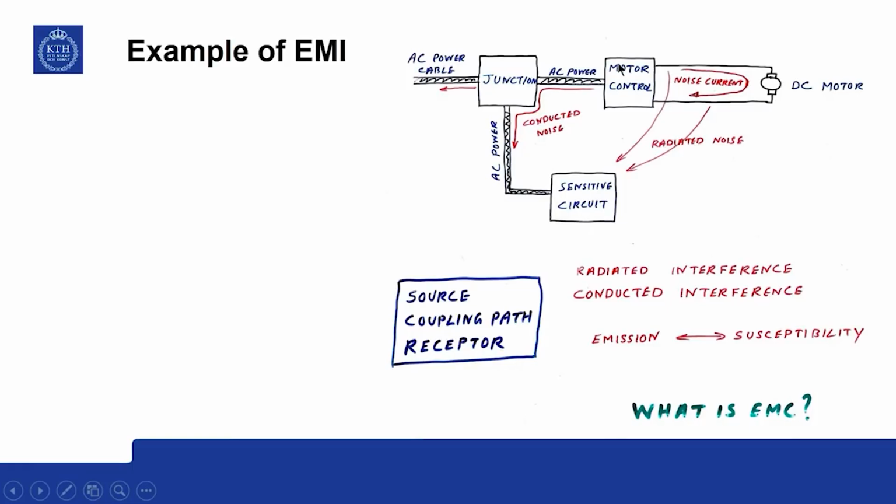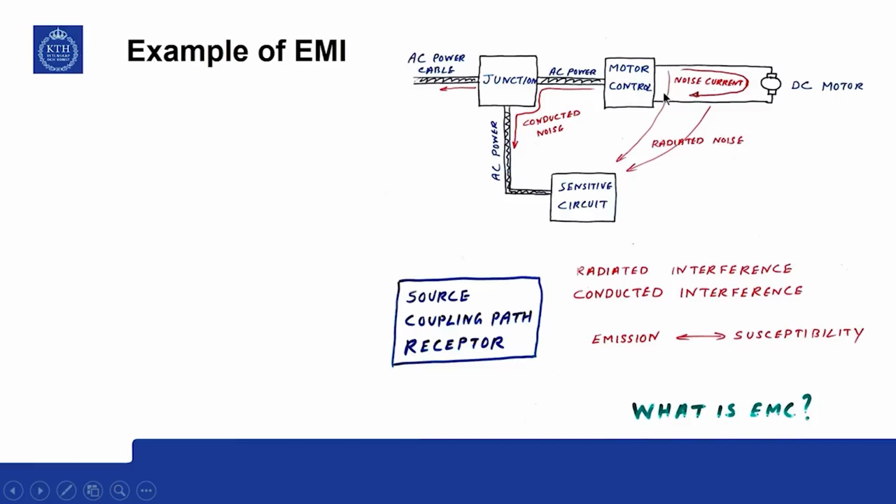And there is motor control, which involves switching by semiconductor devices with very sharp pulses. Now, there is some noise produced in the motor due to the brushes and commutation, and there is some noise produced by the controls. All this noise of various characteristics, part of it will be conducted along the lines, and it can be distributed through the AC power to the sensitive circuits, and there is a potential for them to be disturbed.